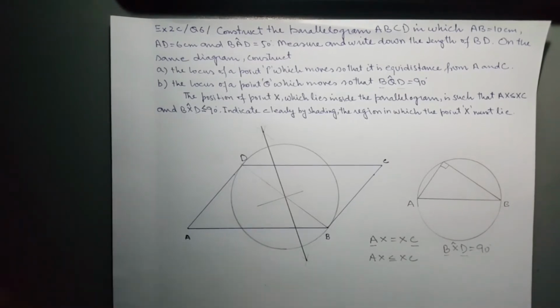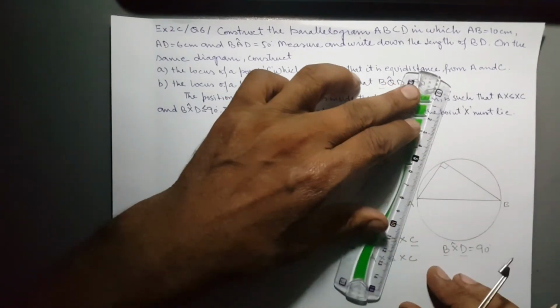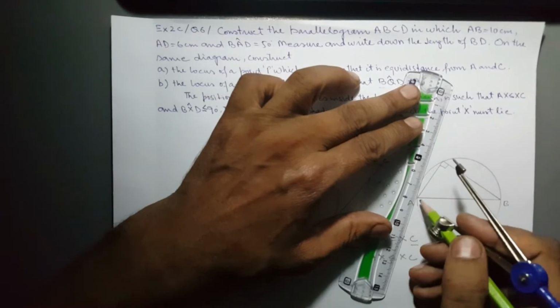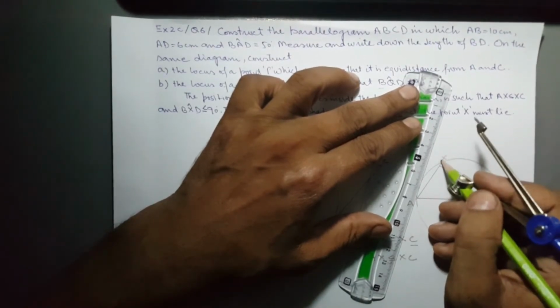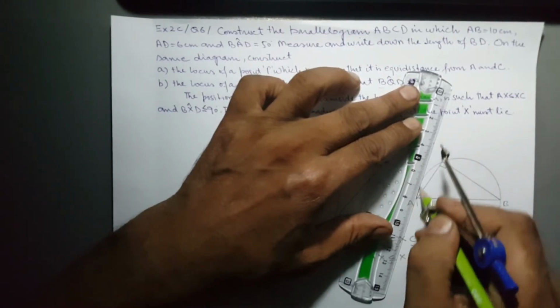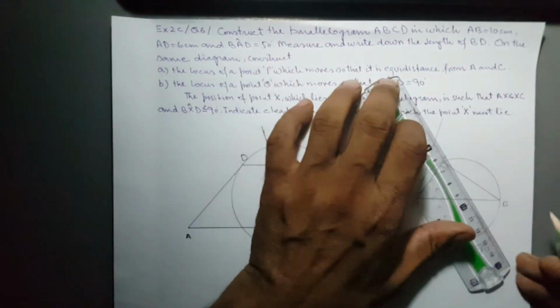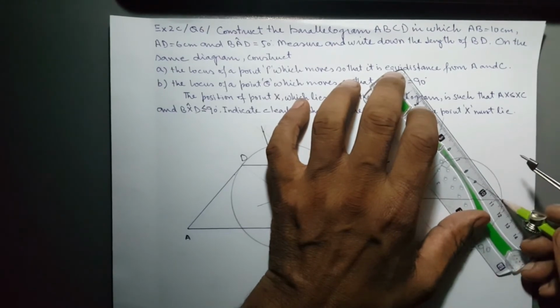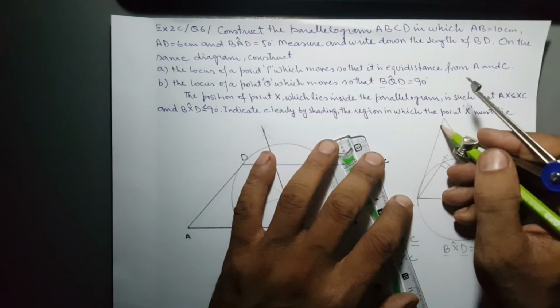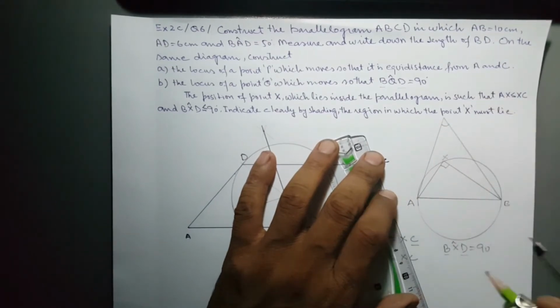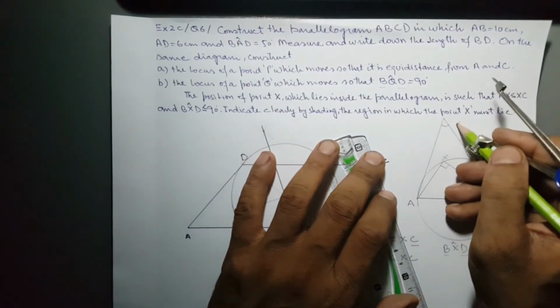Now again look at the properties of circle. This point is X. If we move this point outside the circle, then the angle BXD is smaller than 90 or greater than 90. This angle is less than or equal to 90 degrees.